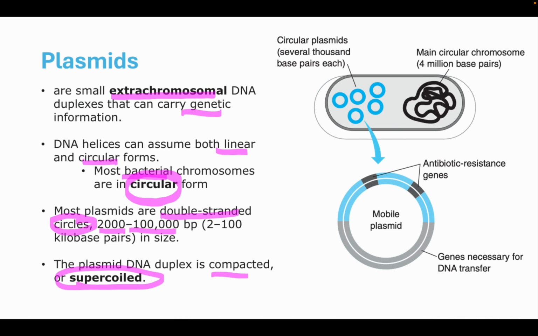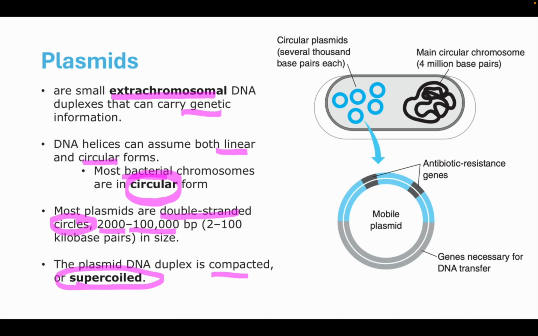To summarize this information, plasmids also carry genetic information, and due to their size, they can only carry a limited amount of information. But although limited, the information coming from their genes is very useful.